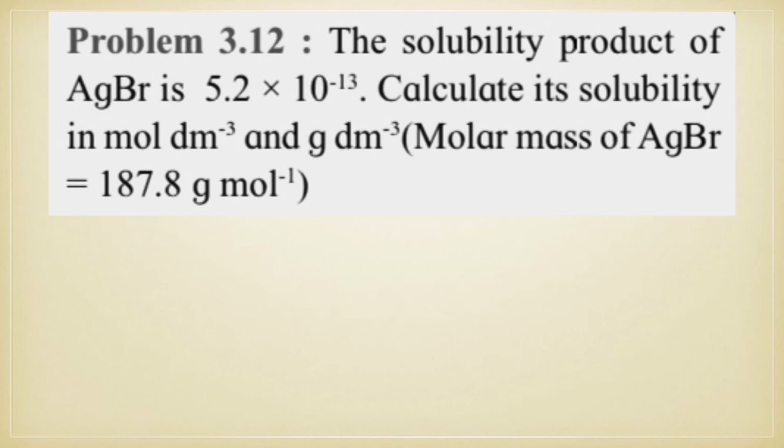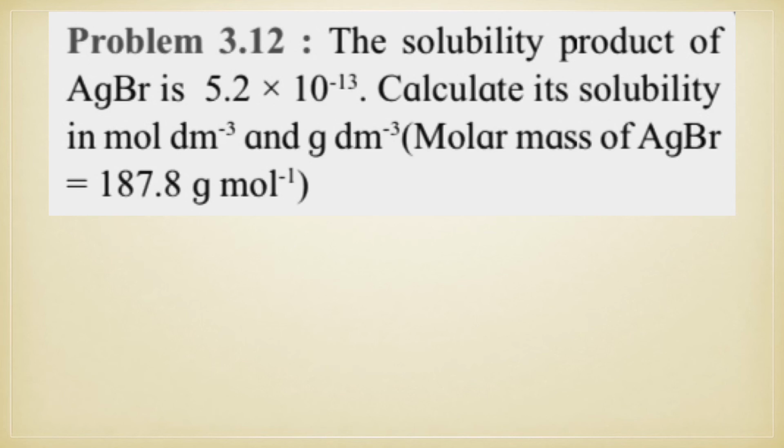Third problem. The solubility product of AgBr is 5.2 into 10 raised to minus 13. Calculate its solubility in mole dm raised to minus 3 and gram dm raised to minus 3. In brackets, what is given? Molar mass of AgBr is equal to 187.8 gram mole inverse. Now, what is solubility product over here? Solubility product is nothing but the Ksp of silver bromide, equal to 5.2 into 10 raised to minus 13. Now, calculate its solubility in mole per dm cube.